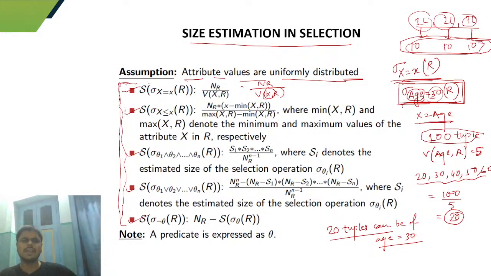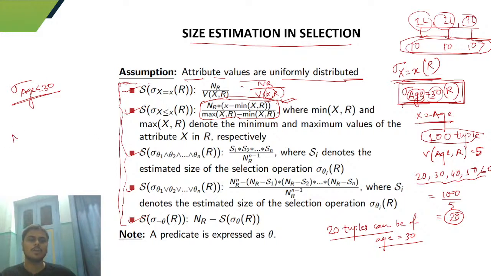And the second one is saying that if you are executing, let's say, age is less than or equal to 30, then how many tuples can you expect? If you are familiar with statistical methods, if you have done any Python programming for statistical methods, then you are quite familiar with this formula.